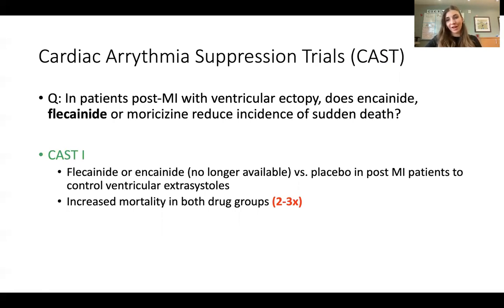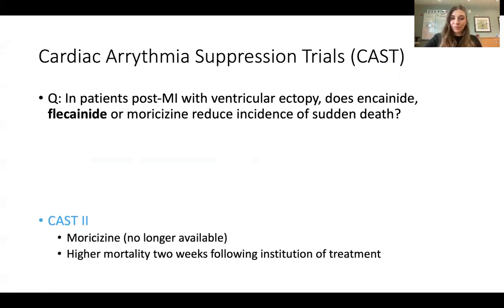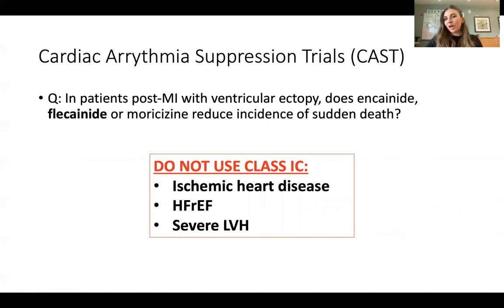That's quite staggering. This was confirmed in the CAST 2 trial, which showed that moricizine, also class 1C and no longer available, also had an increased risk of mortality. The take-home message is, do not use these agents in the setting of ischemic heart disease, heart failure with a reduced ejection fraction, or severe left ventricular hypertrophy.